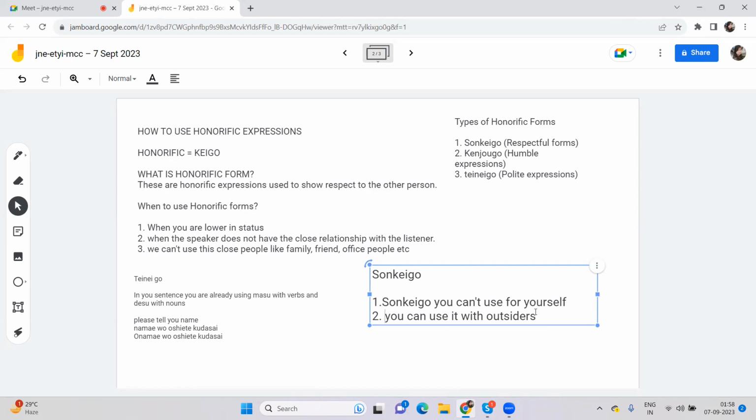Third point you will write, this is used to give respect to the person who is higher in status, right? So you can't use it for yourself, you can use it for others, and this is used to give respect to the other person who is higher in status. I'm putting it here.